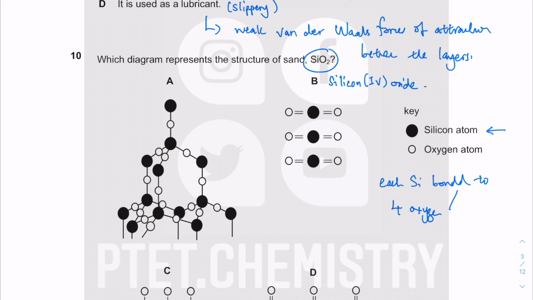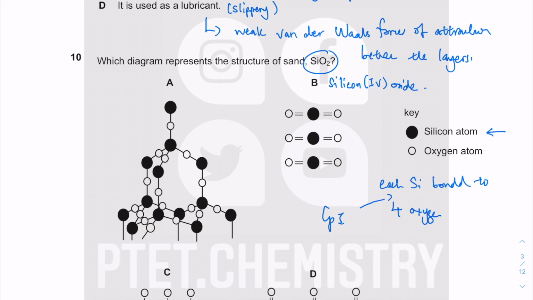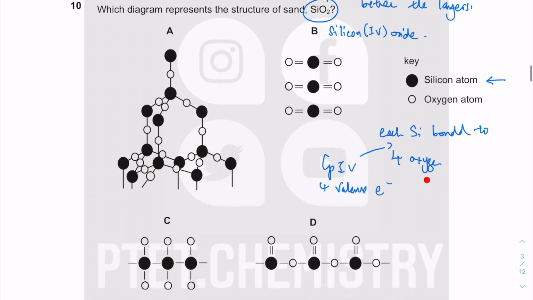So it's got 4 outer shell electrons. So silicon is group 4, so it's got 4 valence electrons. So it wants to share 4 other electrons and it will form single bonds to 4 oxygen, and then each oxygen is bonded to 2 silicon.